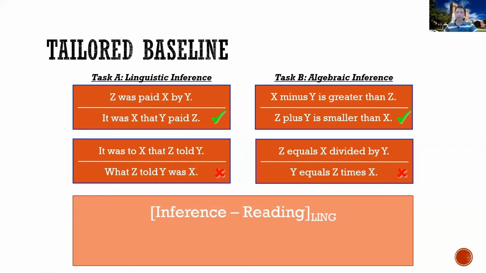And then I would subtract reading these sentences from thinking about them, which is what you see here, inference minus reading for the linguistic stimuli. And then I would compare that to the parts of the brain that are active when you subtract reading the algebraic inferences from performing algebraic inferences.